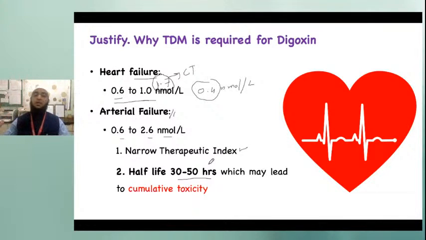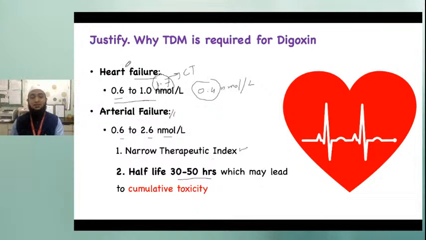It means some patients take 50 hours to remove 50% of digoxin from the body through excretion, and some patients take just 30 hours. Since there is wide variation in half-life, you cannot predict exactly how much digoxin is excreted from the body.